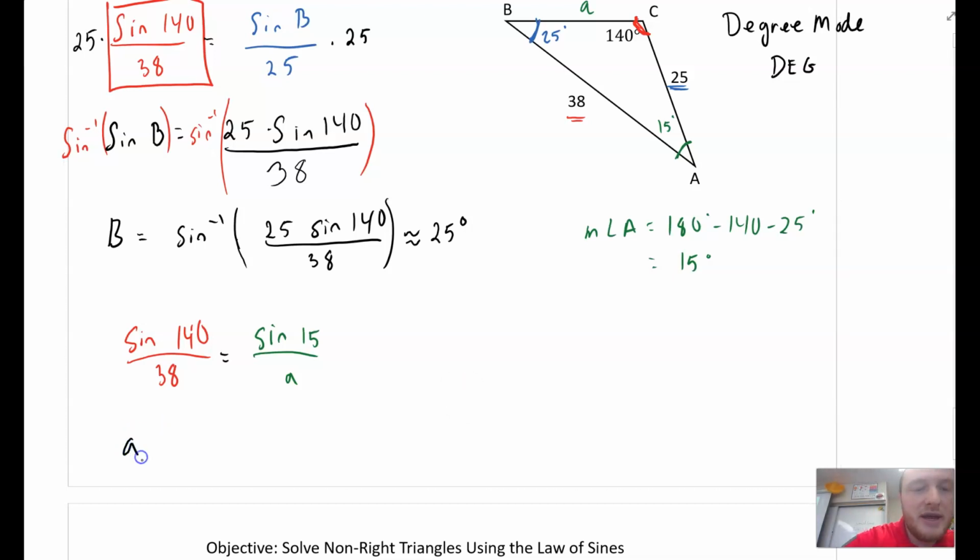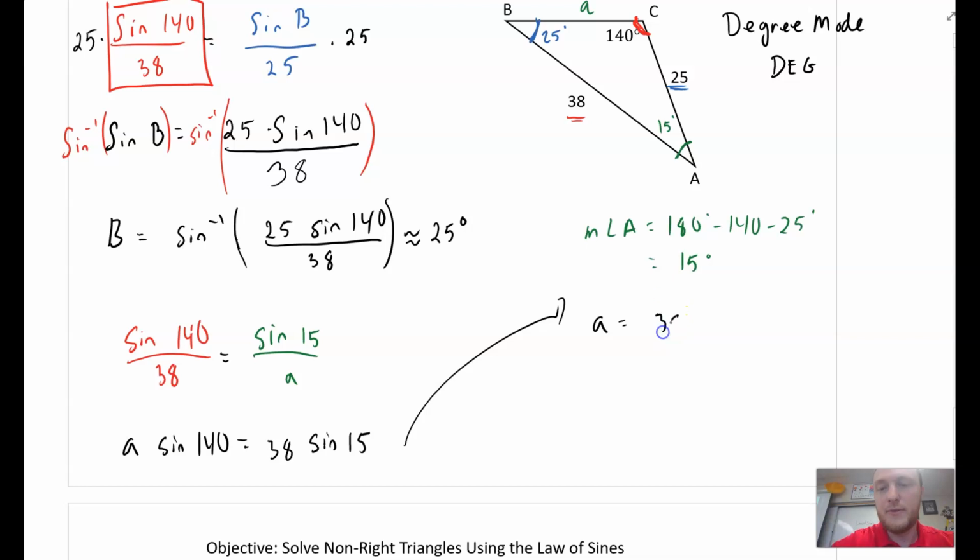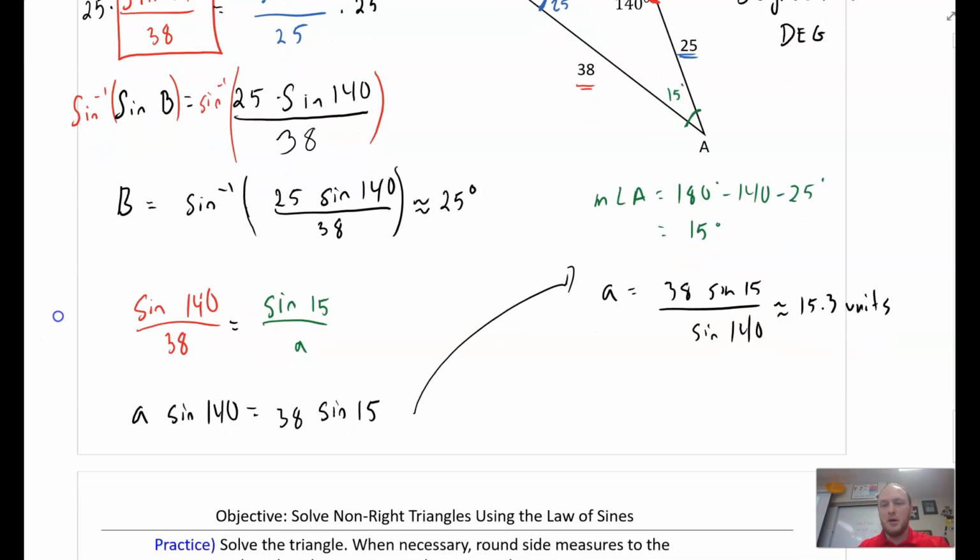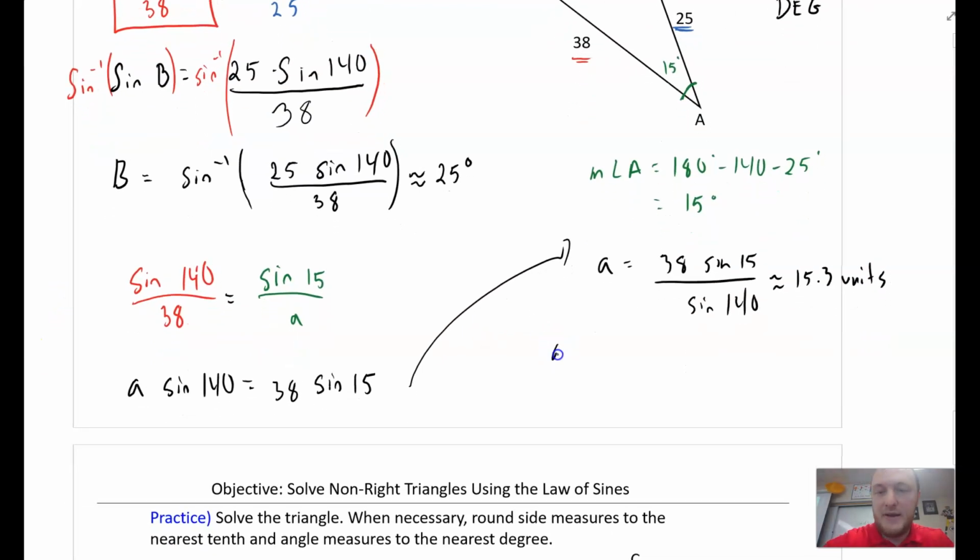So we get a sine of 140 is equal to 38 sine of 15, and we get a is equal to 38 sine 15 over sine 140, which is approximately 15.3 units. All right, so there's a.